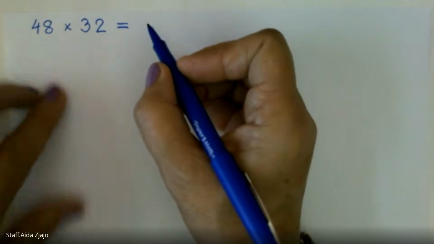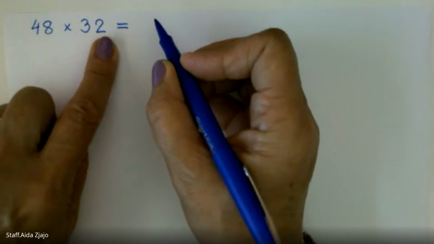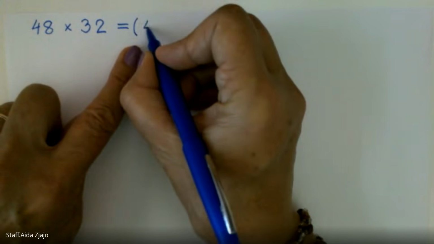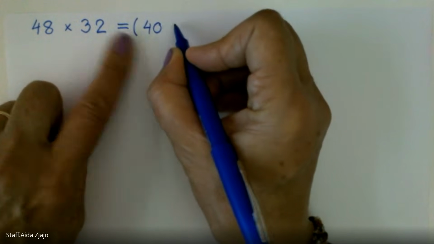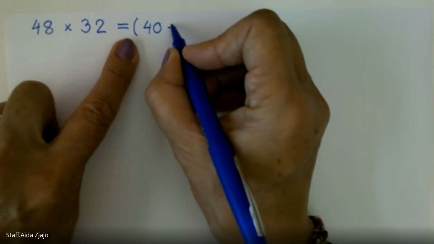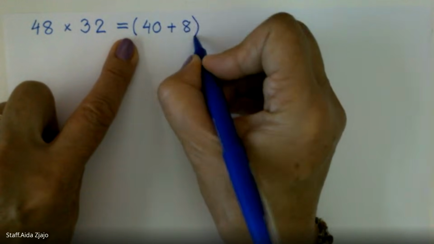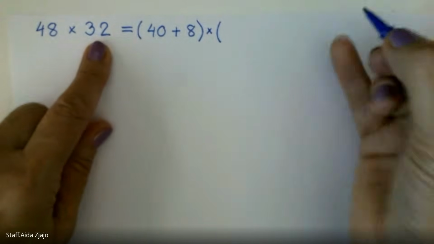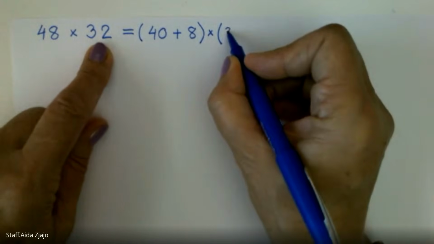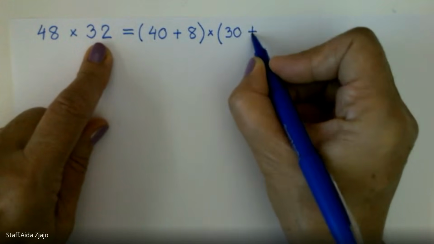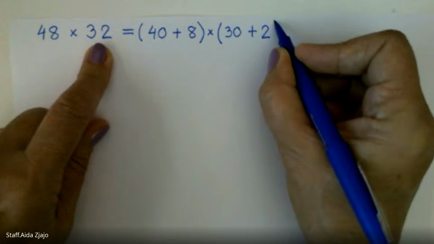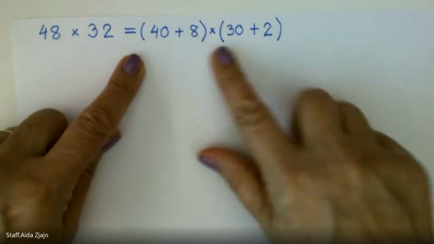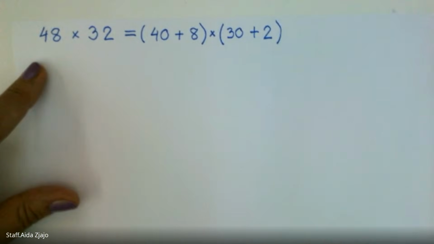So if I have 48 groups of 32, I'm going to open parenthesis and decompose 48 into 40 and 8. And then I'm going to multiply that by the decomposed 32: 30 plus 2. So now I know what my lengths are going to be.